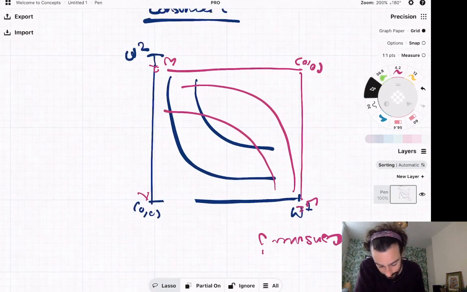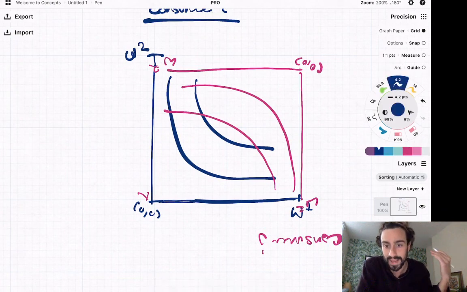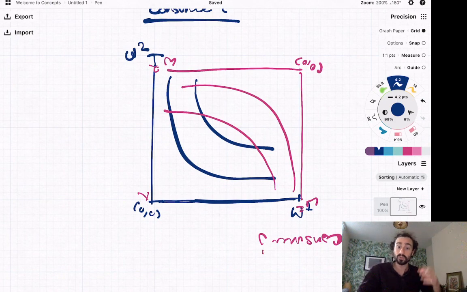I don't know what happened here to my axis down here, but we can redraw it in. And now we have what's called an Edgeworth box. It's a little messy, so we'll clean it up in a second. An Edgeworth box is two axes, but rotated 180 degrees on each other so that the points correspond, right?